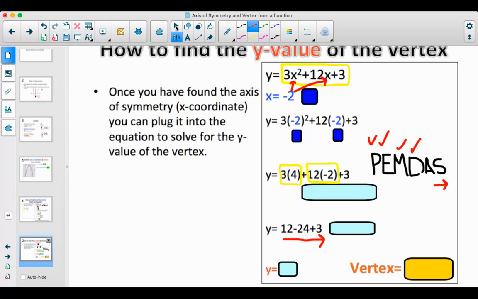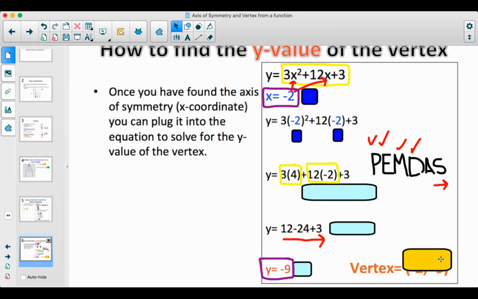So you would be doing 12 minus 24 plus 3 to get negative 9. So now we have our x and we have our y, which means we have our vertex. Again, our x is negative 2, and our y we found is negative 9. So our vertex is negative 2, negative 9.